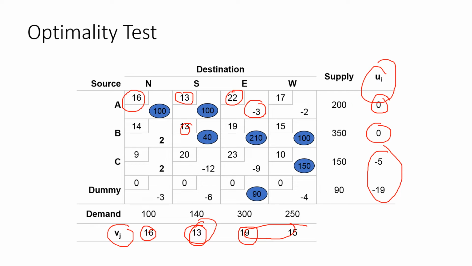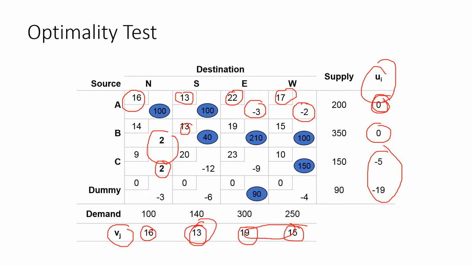And similarly, this minus 2 is from 0 plus 15 minus 17 is minus 2. So I apply that for all these non-basic variables to get all the c prime ij's. Once I have all these c prime ij's, I will check if there's any positive c prime ij's, and I do have a bunch of them, like here and here. So that means the problem is not optimal.